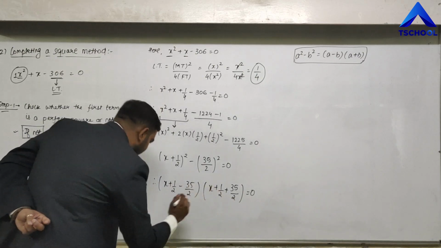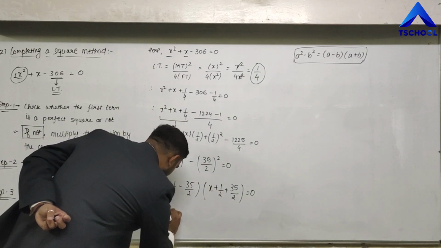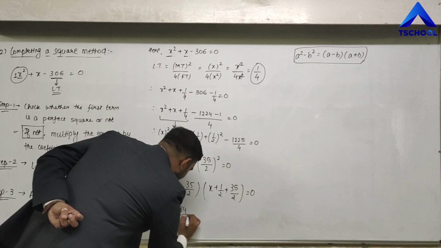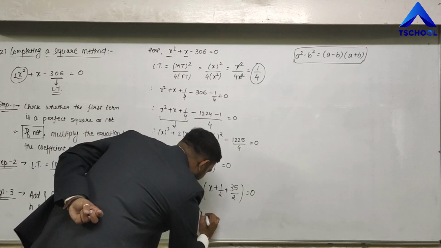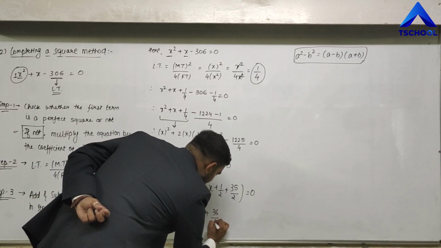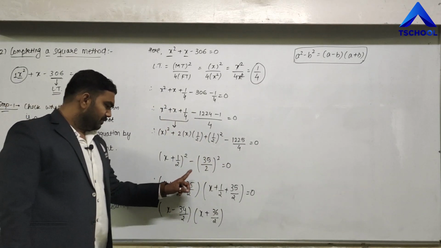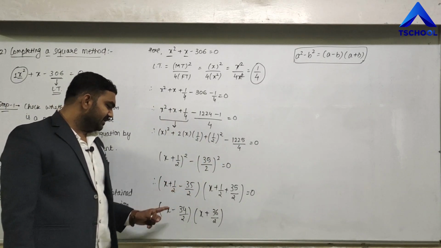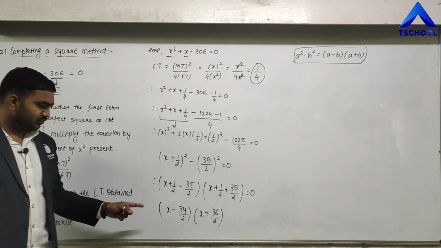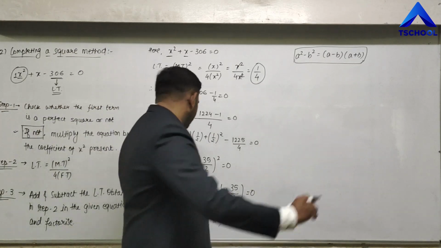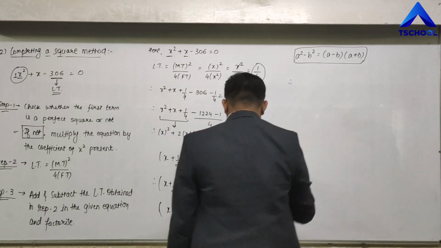So that will become x minus 34 by 2 into x plus 36 by 2. 1 by 2 minus 35 by 2, that is 1 minus 35, minus 34 by 2, and x plus 36 by 2, that will give me again is equals to 0.